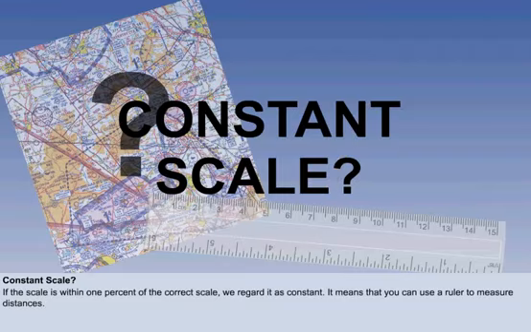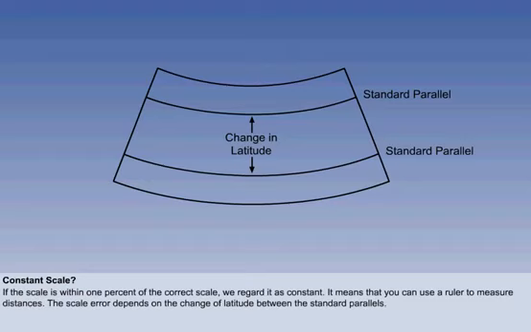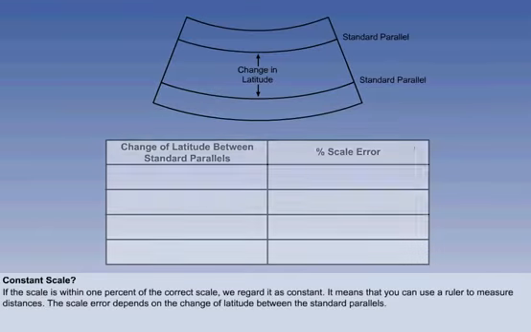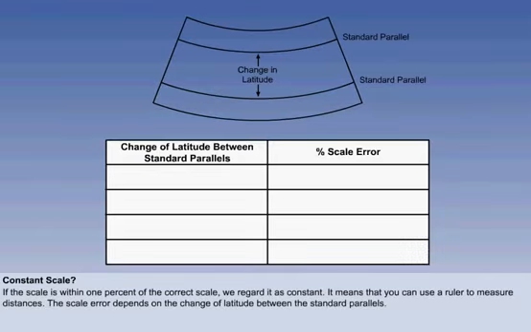There is no requirement for dividers. The scale error depends on the change of latitude between the standard parallels. There is an equation to work this out, but you are not required to know it. However, we have calculated some values here, and we are going to put them into this table.